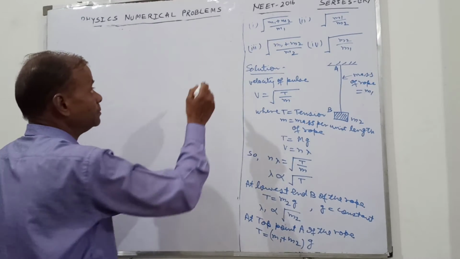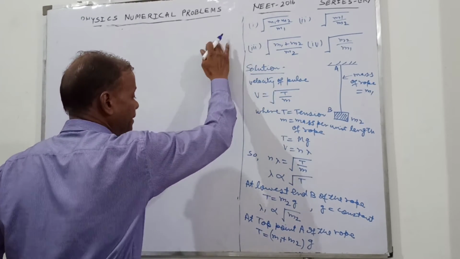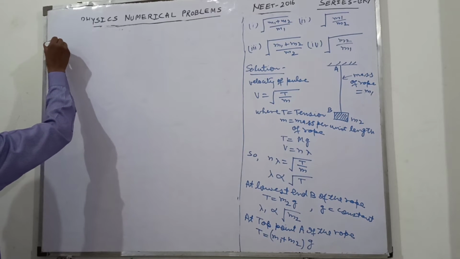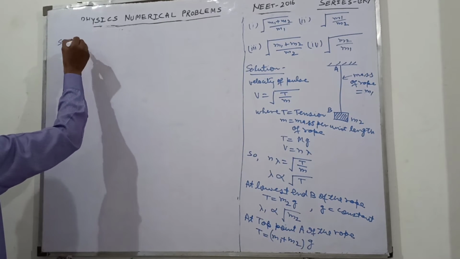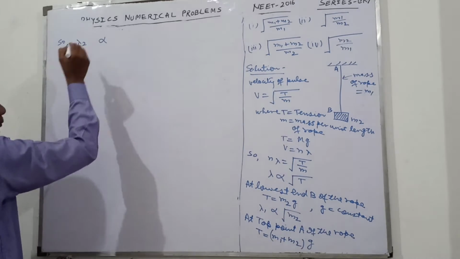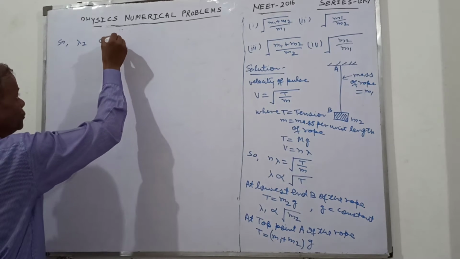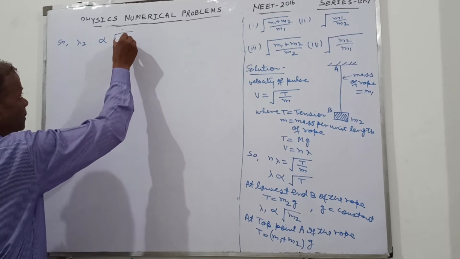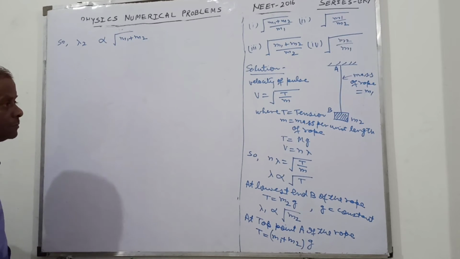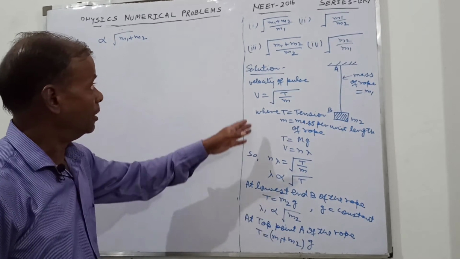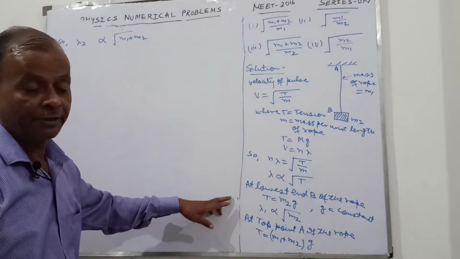So now the wavelength lambda 2 is proportional to square root of (m1 plus m2). Now what is given? We have to find the ratio of lambda 1 to lambda 2.